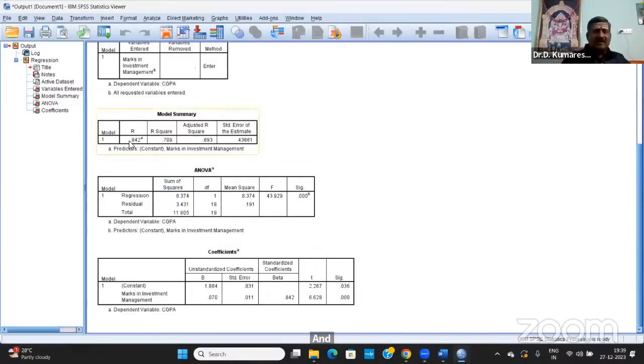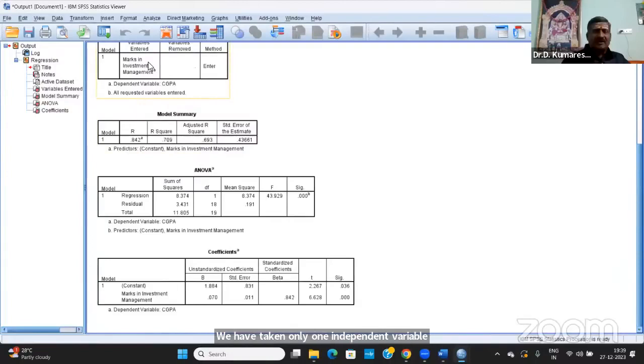Here, look at this, predictors. What are the predictors? Number one, constant, and number two, marks in investment management. We have taken only one independent variable.